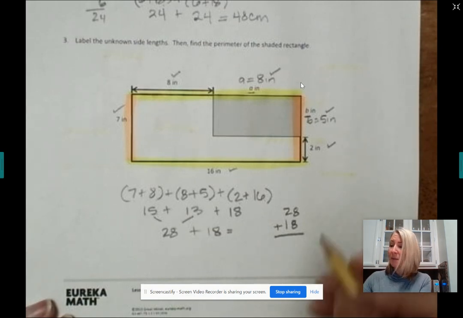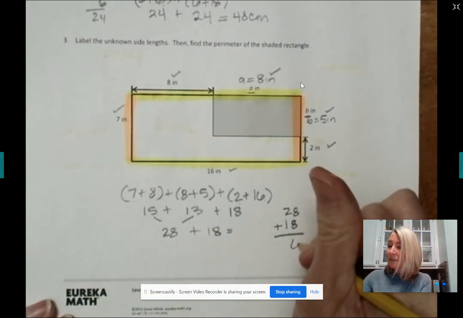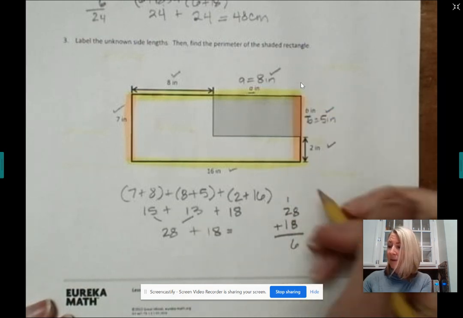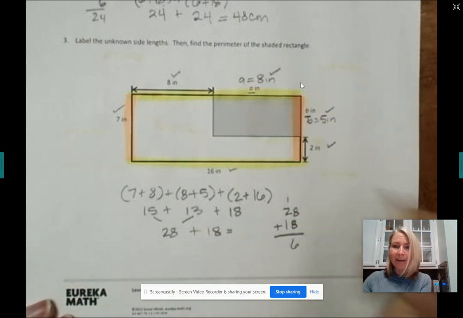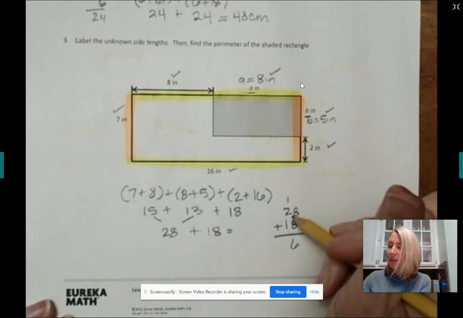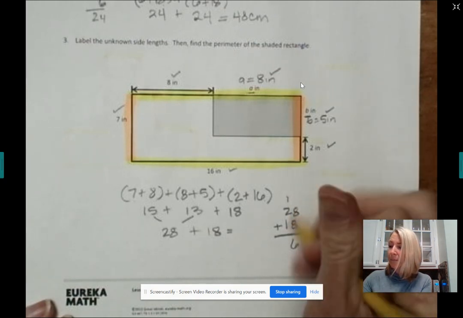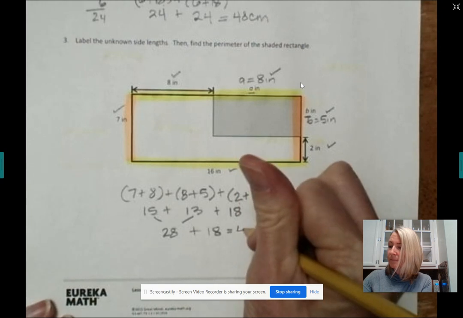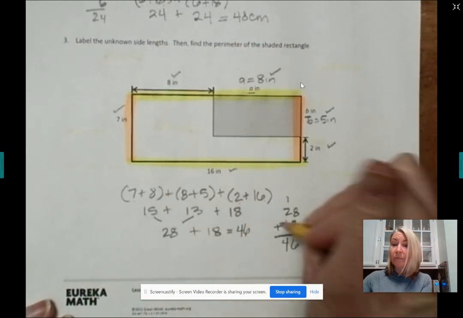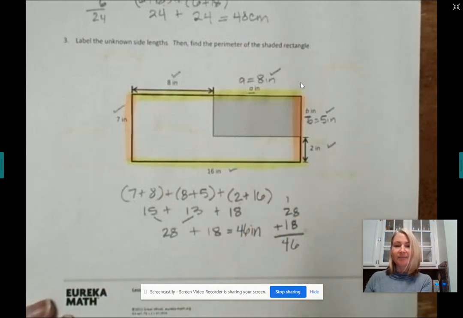That is such a bummer. 8 plus 8 is 16. Regroup your 10. Don't forget to add it in. All you guys sometimes put it up there and you forget to put it in there. 2, 3, 4. 46. 46 what? 46 inches. Done.